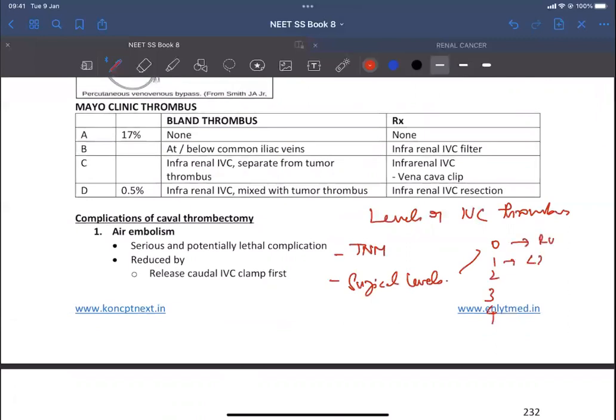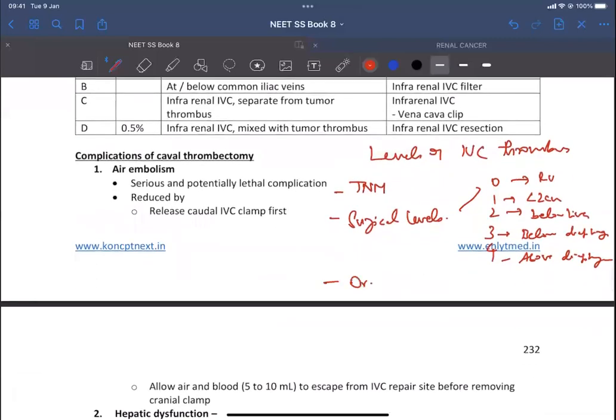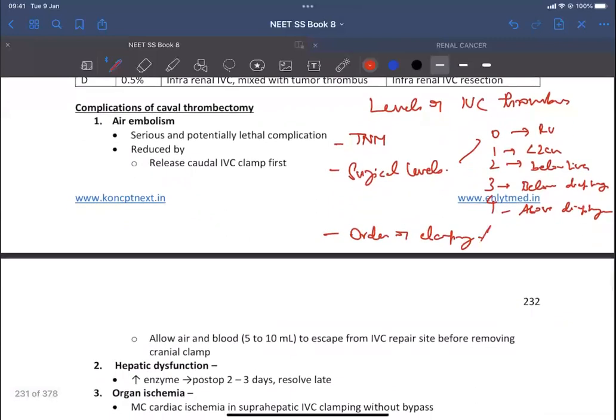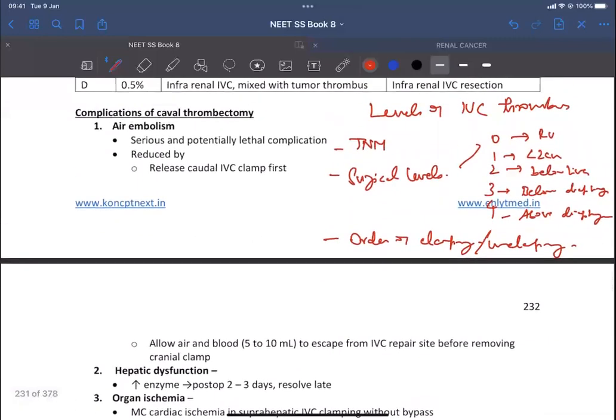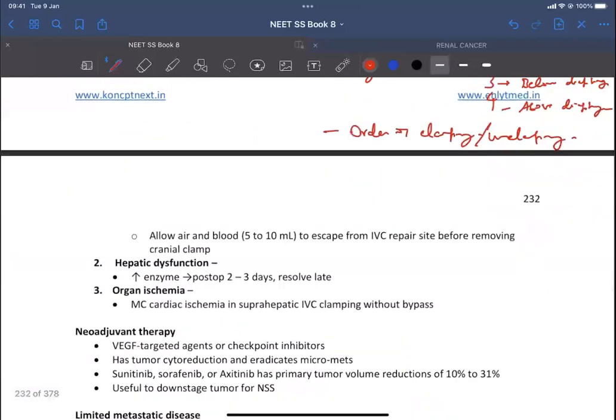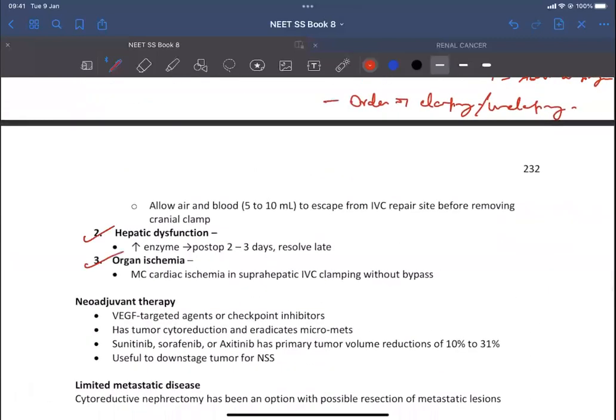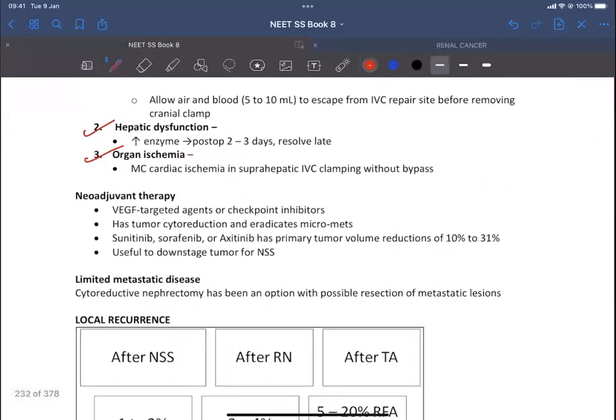Renal vein, less than 2 centimeters from ostium, below liver, below diaphragm, above diaphragm, form of clamping, and what are the complications? You can have air embolism, you can have hepatic dysfunction, you can have organ ischemia.